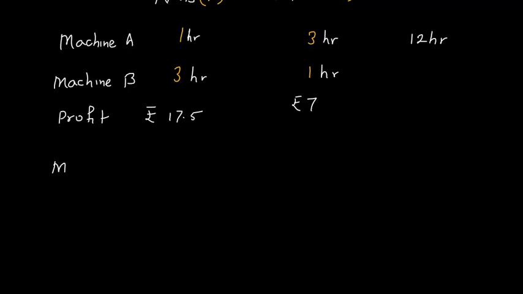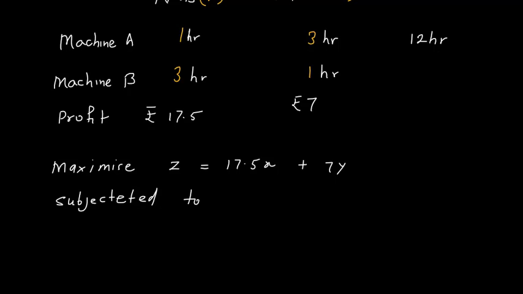Here our problem is to maximize Z equals, now the profit will be 17.5x plus 7y. This is the profit we have to maximize, subject to the different conditions.